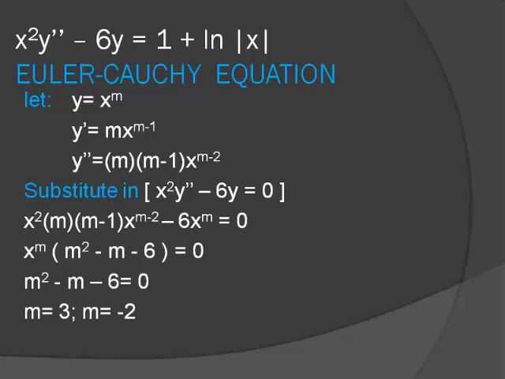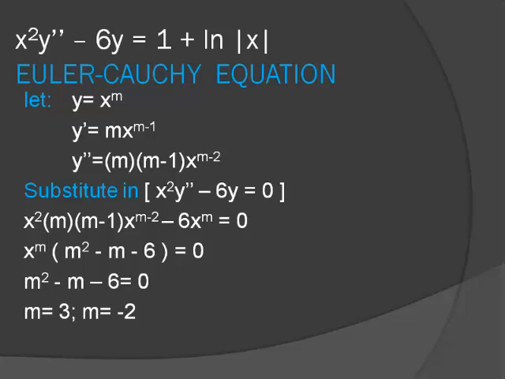So we can get this form, and then we can get our characteristic equation, which is m squared minus m minus 6 is equal to 0. So we can get m is equal to 3 and m is negative 2 using our quadratic equation form in getting m.